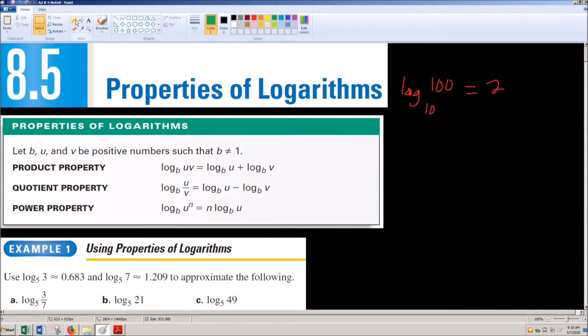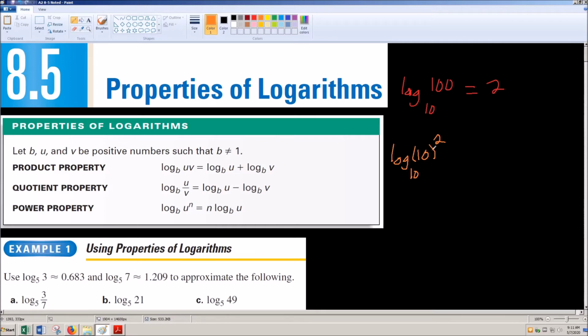So now let's look at this in terms of exponents. Instead of writing log 100, I'm going to write log base 10 of 10 squared. When we see it written like this, I have the thing inside the log which is being squared.